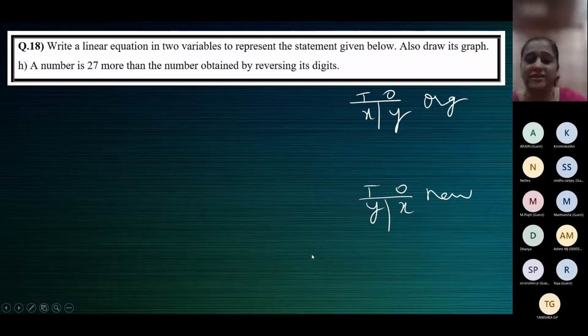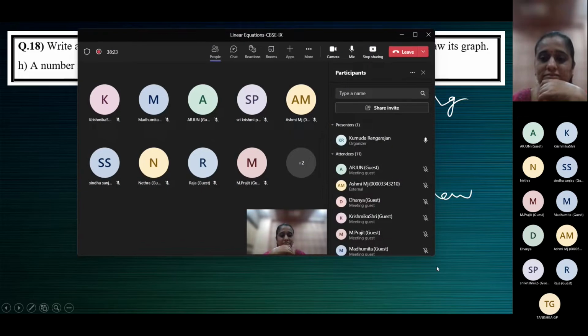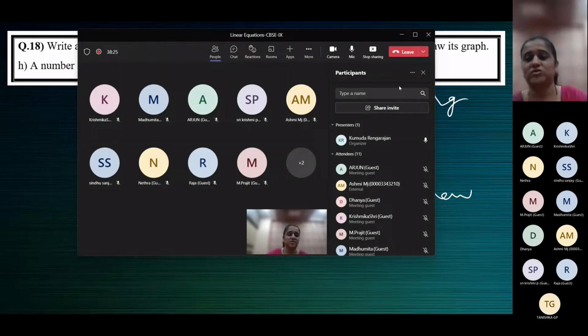Yes, children, ready? Is the equation ready? Not ready? Class, use the raise hand emoji.